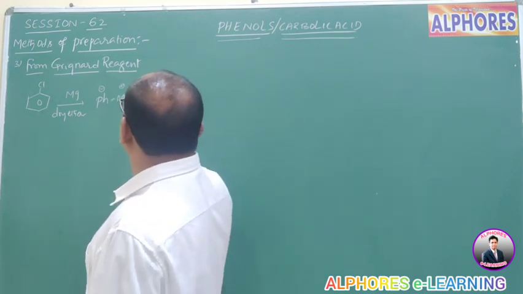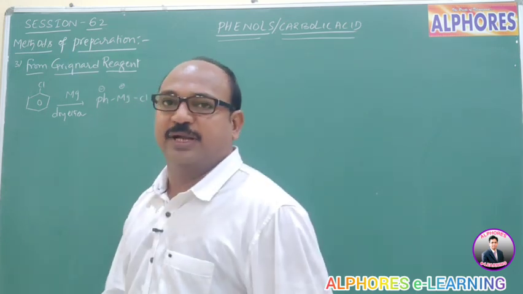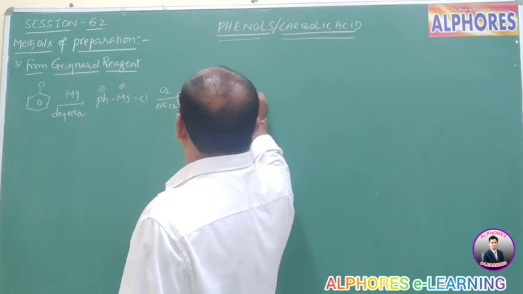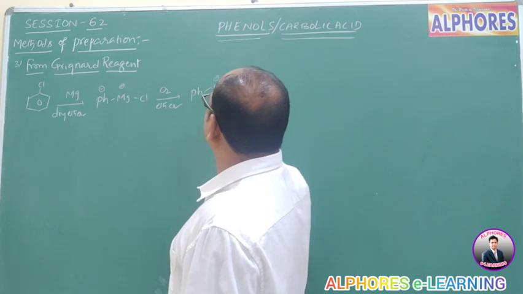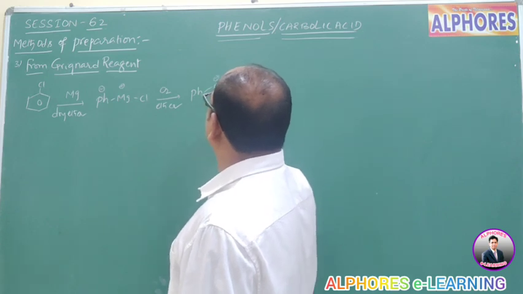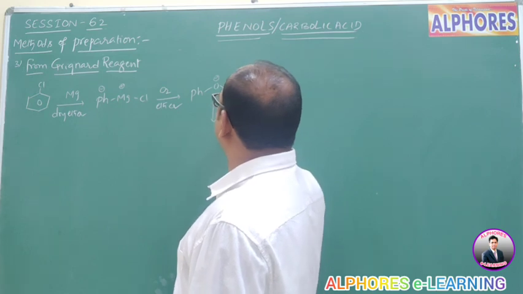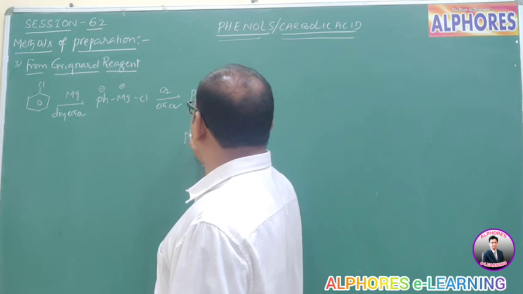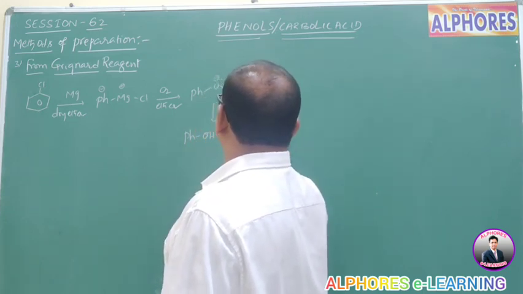Now this one upon reaction with oxygen in presence of ether, then we are getting PhOMgCl. Here oxygen is going to acquire negative charge and metal is going to bear positive charge. This one upon hydrolysis in acid medium, we are getting phenol, PhOH plus MgCl(OH).